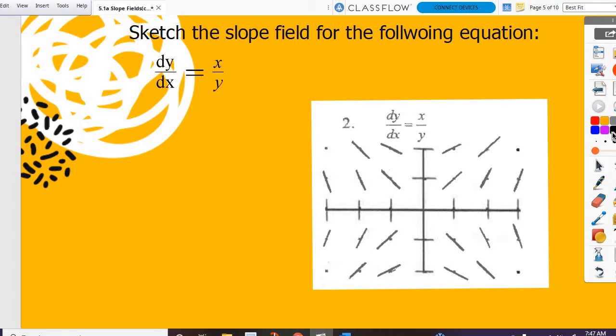Something important to point out is that if I asked you to draw a particular solution, so let's say this time we wanted to draw a particular solution through -1, 1. Notice that that's this point right here.